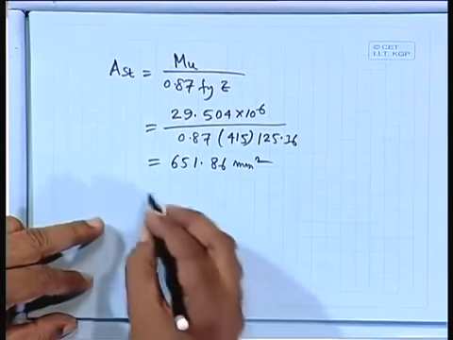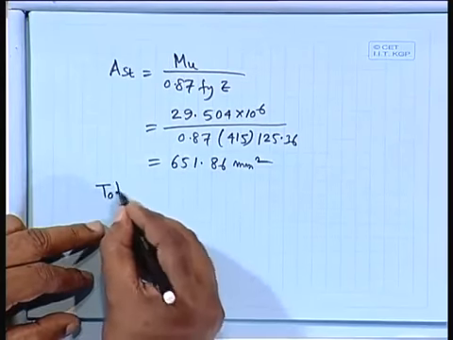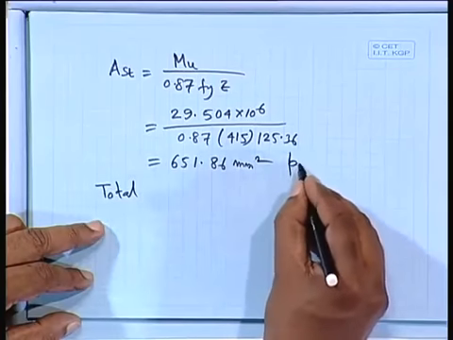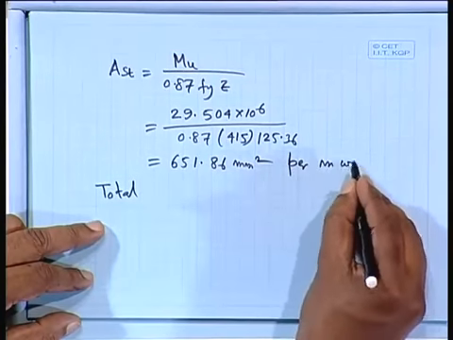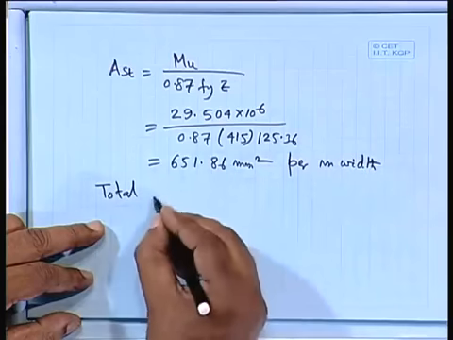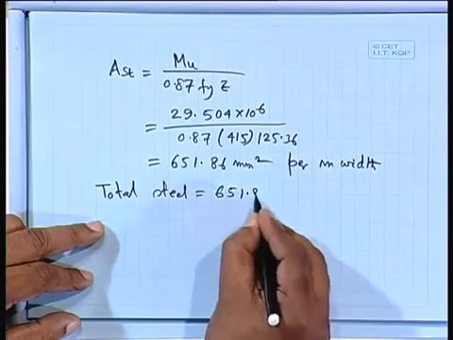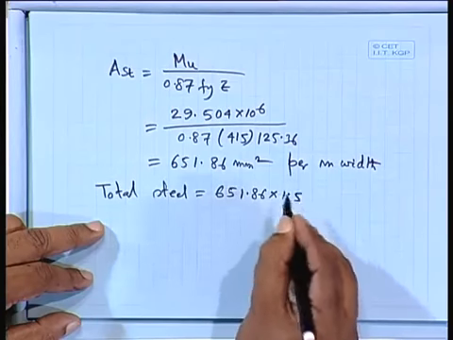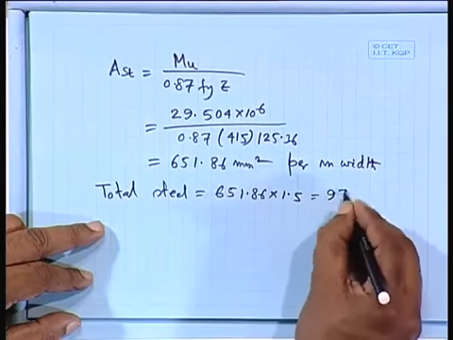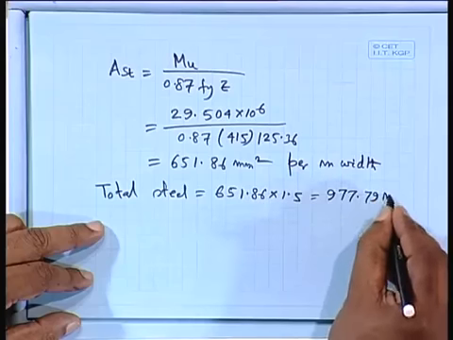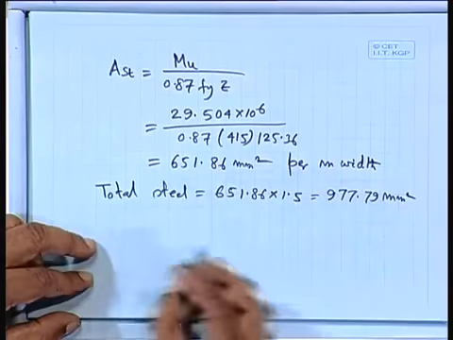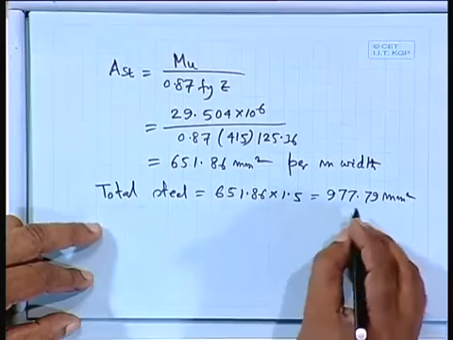This is per meter width. So what about the total steel? Equal to 651.86 times 1.5 equal to 977.79 square millimeter.